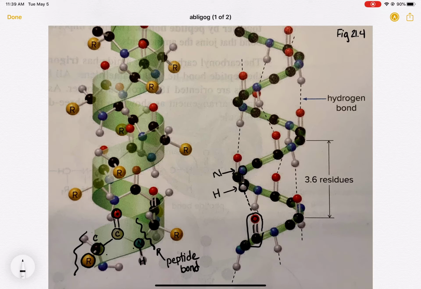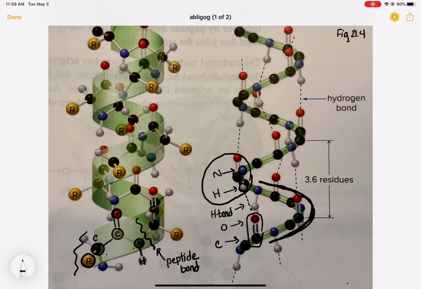So this is the NH unit of one amino acid that is hydrogen bonding, there's our H bond, to the carbon-oxygen unit of a different amino acid. And these two amino acids, as you can see, are not directly connected to each other. There are quite a few amino acids in between them.